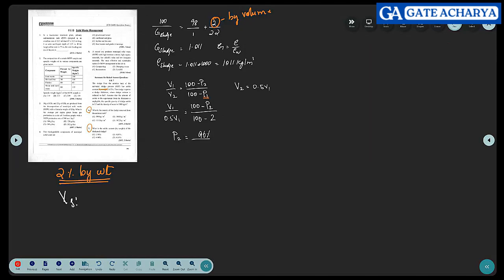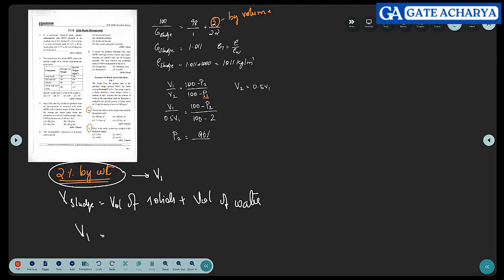so the volume of the sludge is equal to the volume of solids plus the volume of water. Let me assume the volume at 2% of its weight as V1.